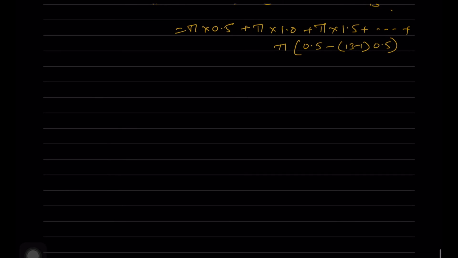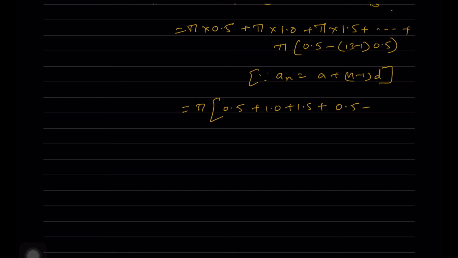Since an is equal to a plus n minus 1 into d, we wrote it in that way. So we can take out pi common. So what do we get inside? 0.5 plus 1.0 plus 1.5 plus so on plus 0.5 plus 12 into 0.5.